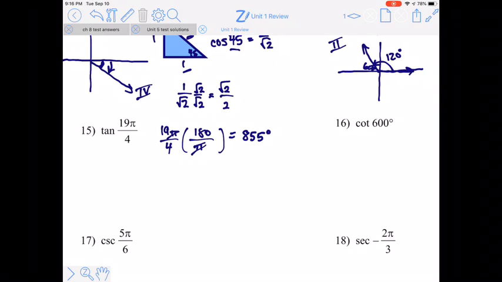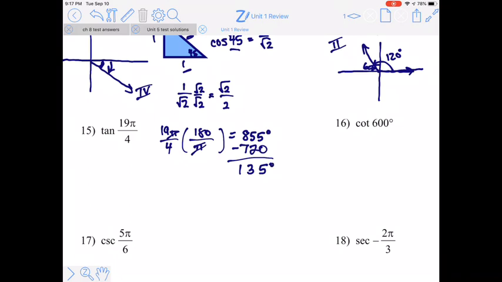Now that's more than a couple of revolutions of a circle. That's more than 2 turns. So I want to get this down inside of 1 revolution of a circle. So I'm going to subtract 2 revolutions, which is 720. So we get 135.